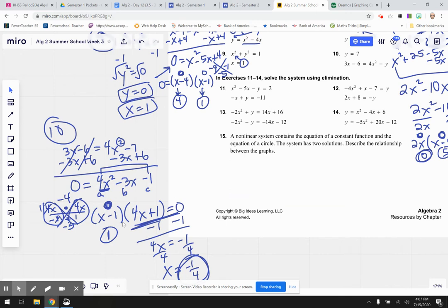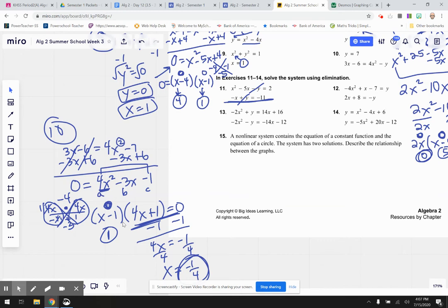Okay, numbers 11 through 14, they're asking you to use elimination, which means you're going to try to line up and eliminate a variable, which in this first one is actually kind of nice because negative y and positive y cancel out.